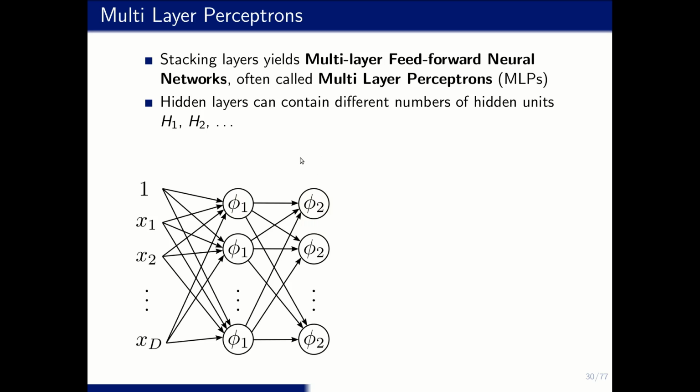And now, by having an output, sending the result of the second layer into an output unit, we would end up with a two-layer multi-layer perceptron.